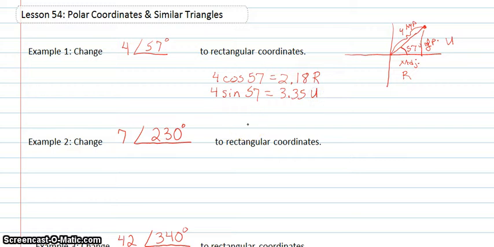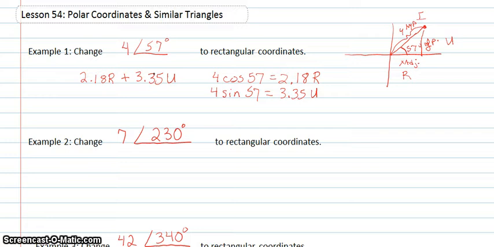Now when you see this written out, it's like an addition or a subtraction problem depending on the sign of the y value or the u value. This is 2.18 r, and they're both positive because this is in the first quadrant, plus 3.35 u.